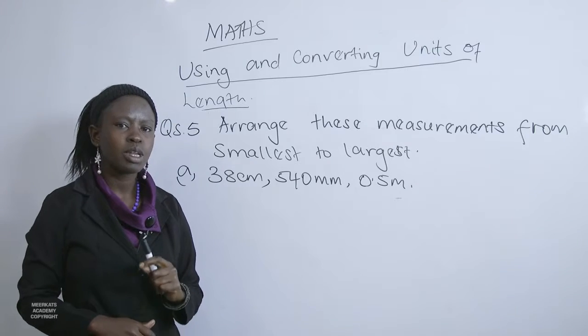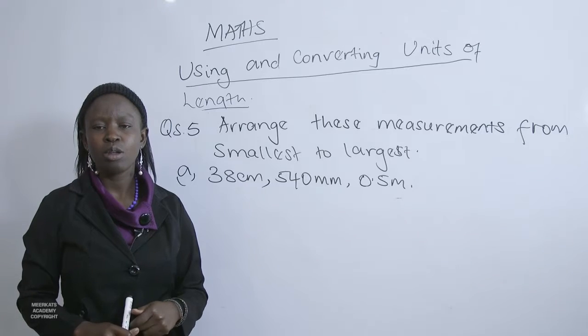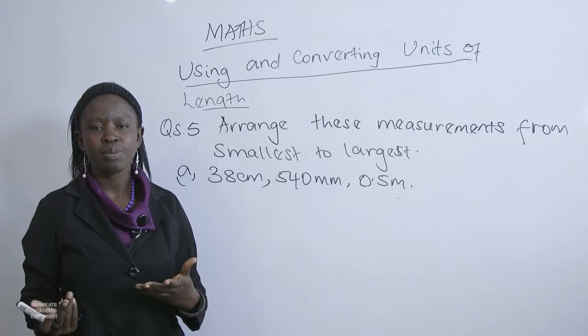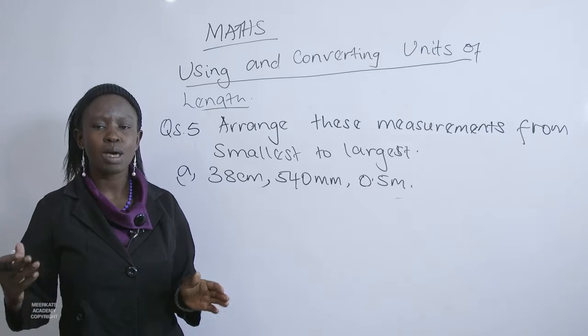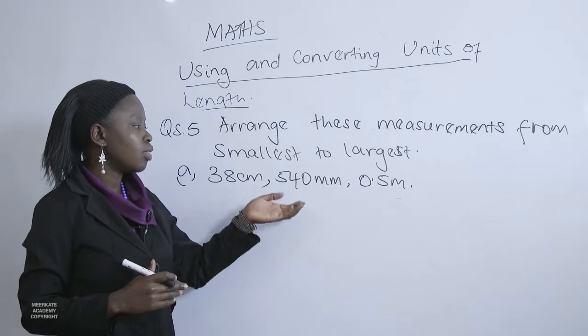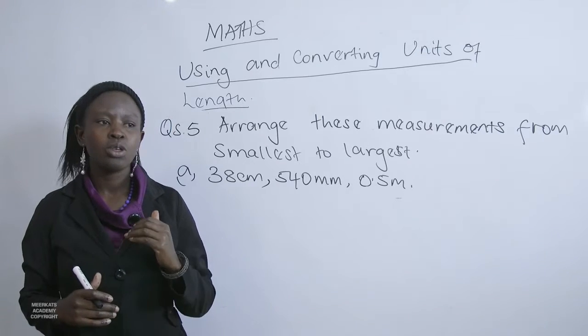So the first thing we need to do is convert whatever measurements we have to the same units that you prefer. We convert them first to the same units so that we can make a comparison when all the measurements here are in the same units.